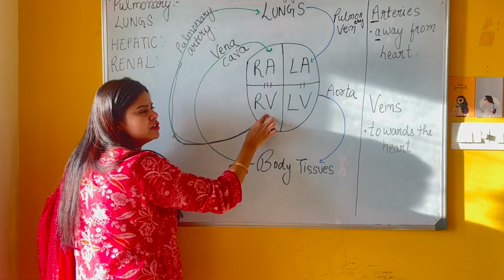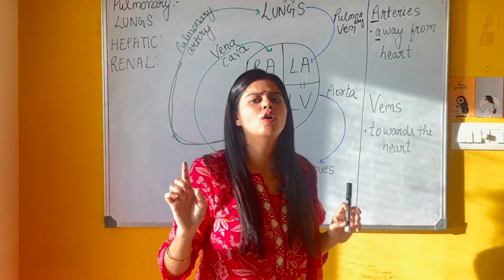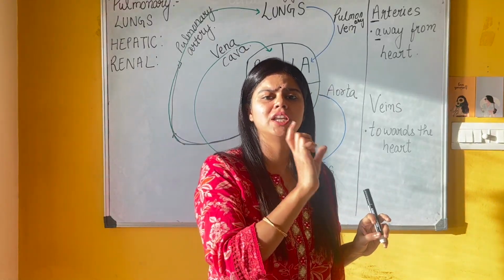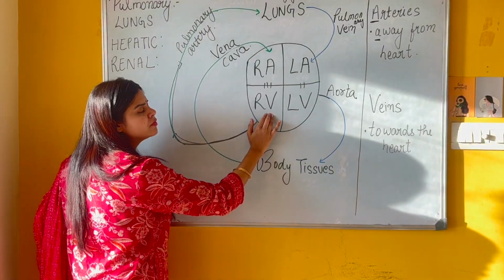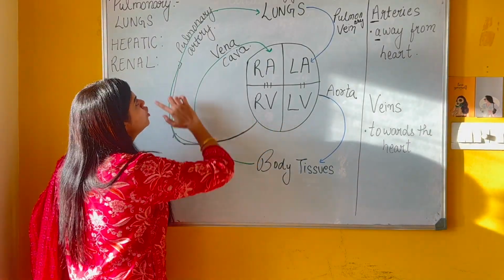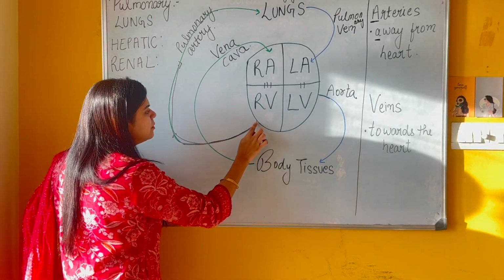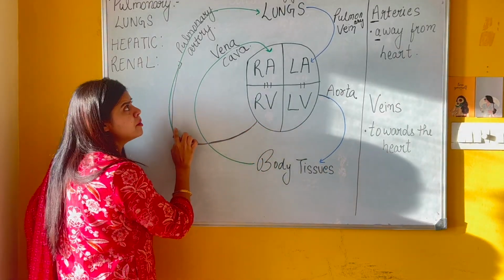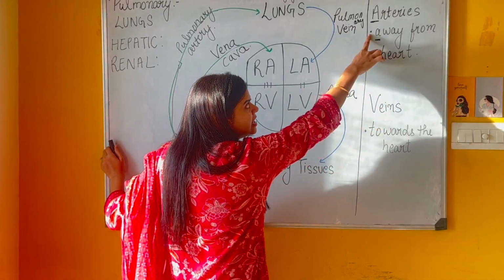Now this deoxygenated blood from the right ventricle will go to another organ for the process of oxygenation. Which organ? Lungs. So deoxygenated blood from the right ventricle will go to the lungs for the process of oxygenation. This blood vessel is going away from the heart. Away from the heart is vein or artery?